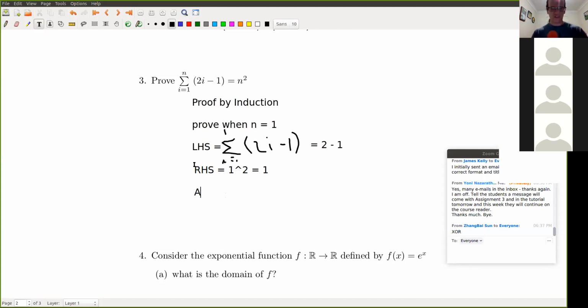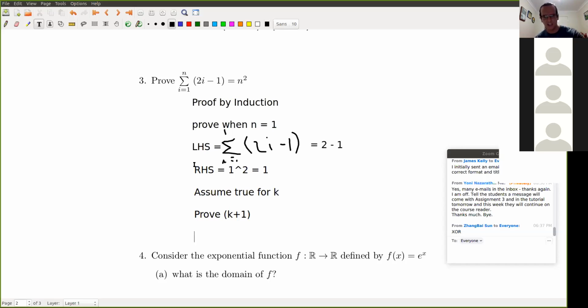Then we assume it's true for k, which is basically just rewriting the expression again. And then we want to prove it's true for k plus 1, the inductive step. So again, this is going to be awful to write, I'm sorry.